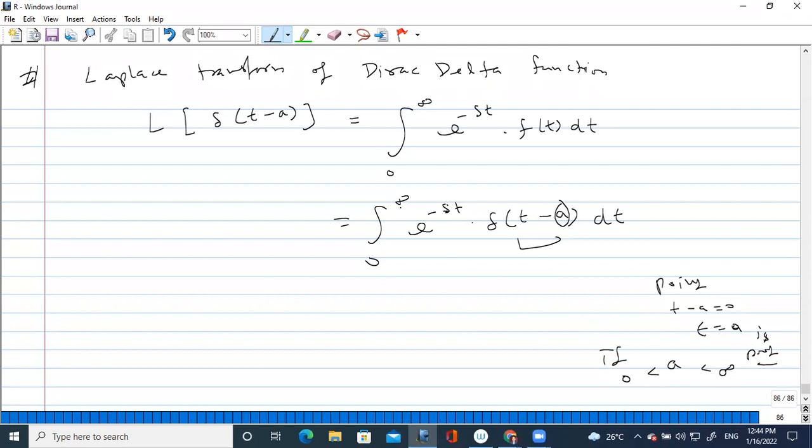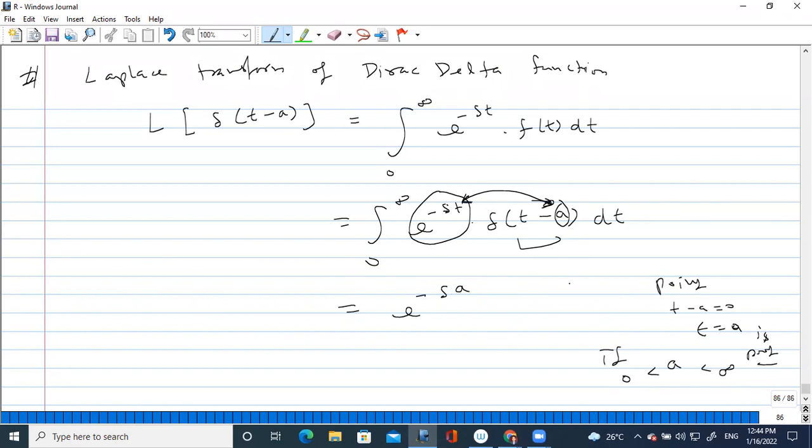So then whatever other function is there, just replace t by a. So that will be your answer. It means that will be e to the power minus s into a.